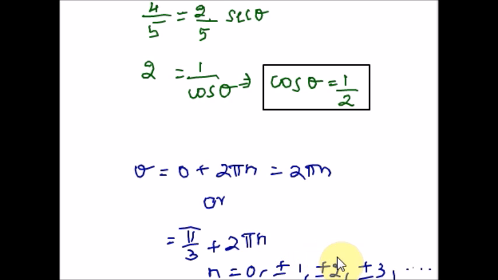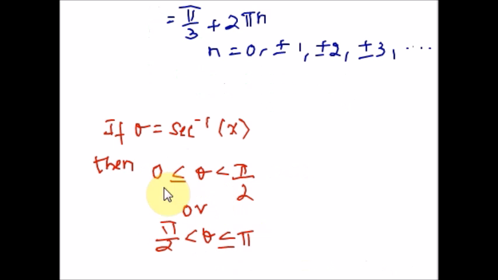The answer is simple. When using a secant trigonometric substitution and converting the limits, we always assume that theta is in the range of inverse secant. Am I right? Or if theta equals secant inverse of x, then theta will lie in between. Okay.